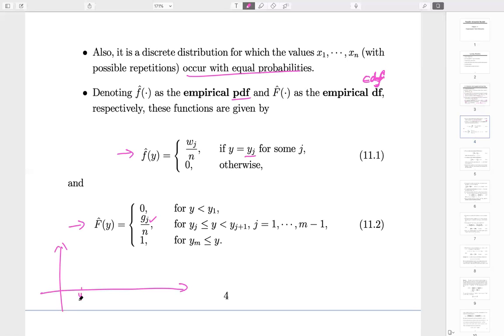This is y1. Anything below y1 would be 0, and then you jump. You stay at y1 until the next value, y2, and you jump again, until eventually you reach 1 and you stop at 1. So this is the rough shape of your empirical CDF.